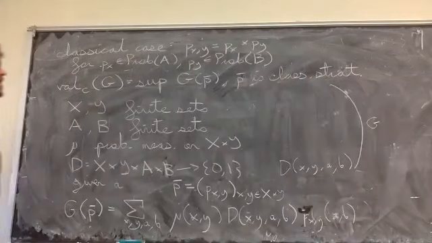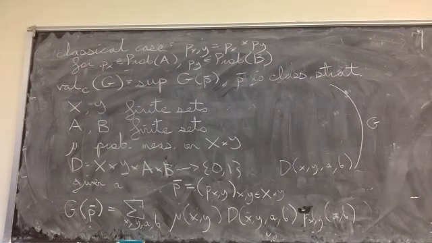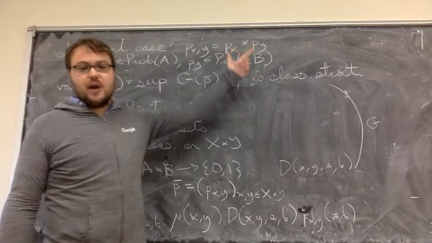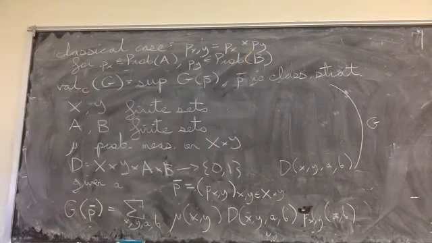So this is the classical value of the game. You can say a classical strategy is something which splits as a product of probability measures like this. And then the classical value of the game is the best I can do with this kind of strategy.